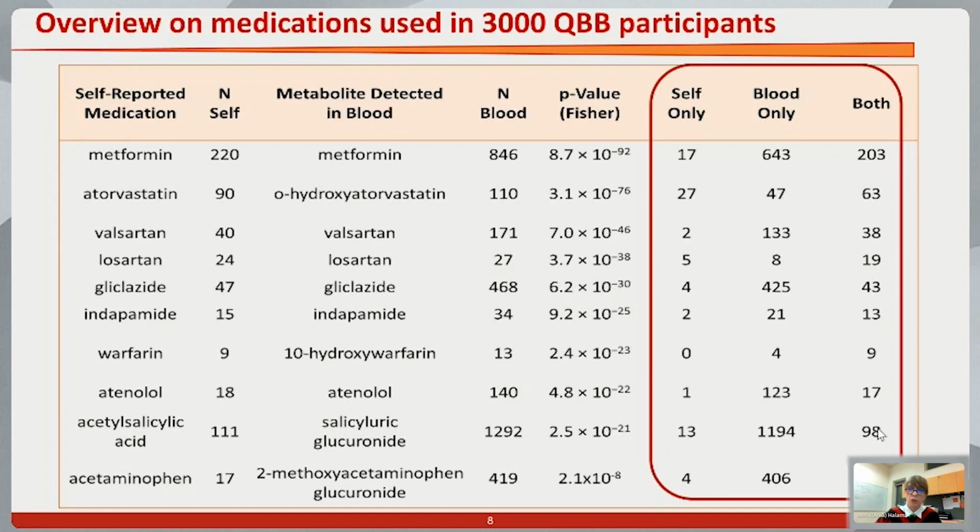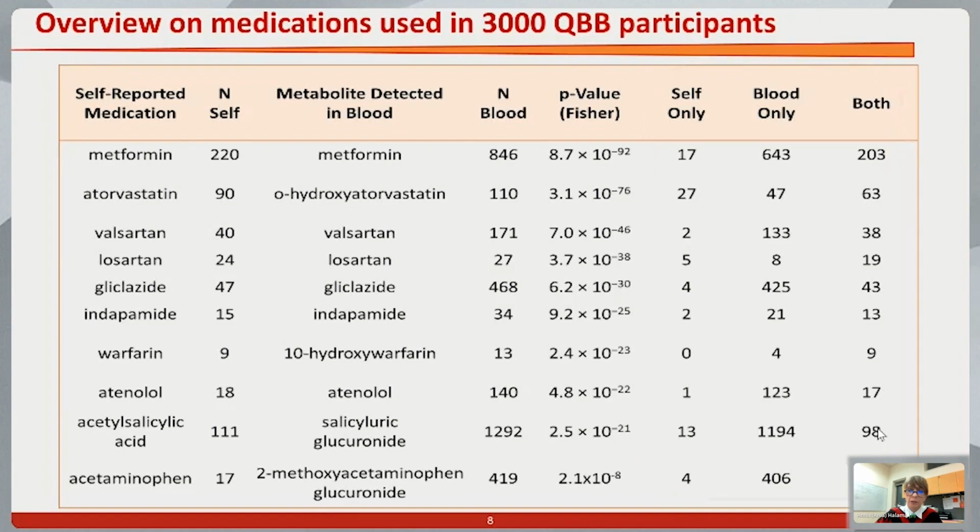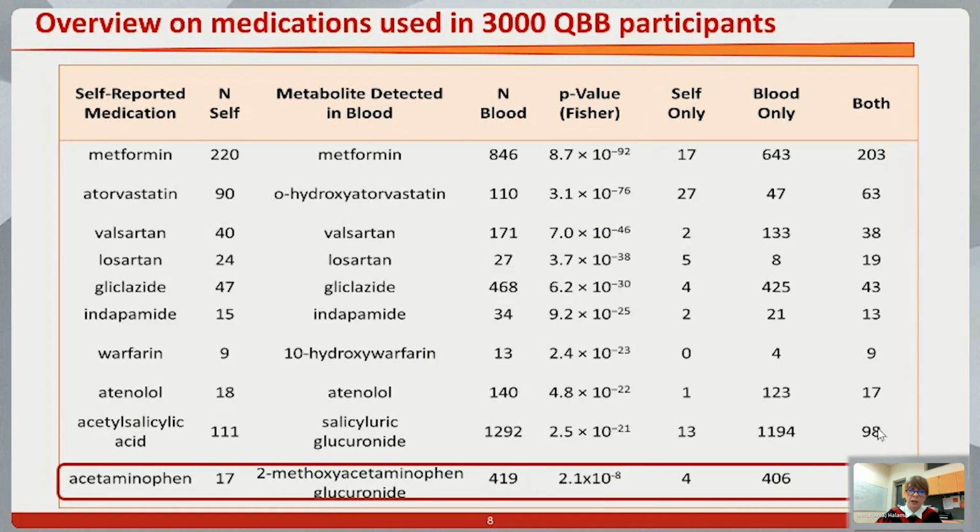For the majority of them, or many of them, self-reporting matched what we were seeing in the blood, but we also have multiple examples, like acetaminophen, where the number self-reported absolutely did not match the number detected in blood. We identified acetaminophen products of metabolism in over 400 subjects, and it did not really match what was reported by them.